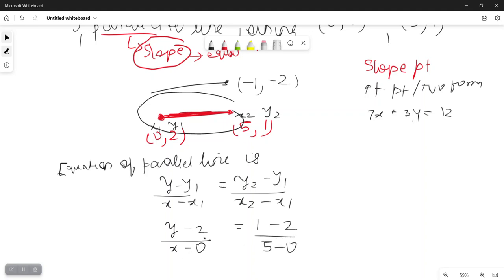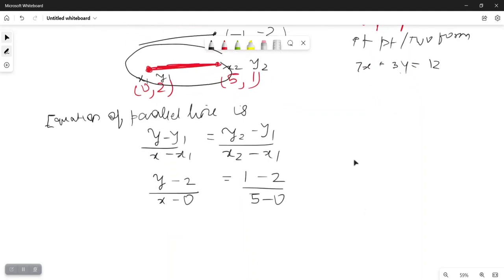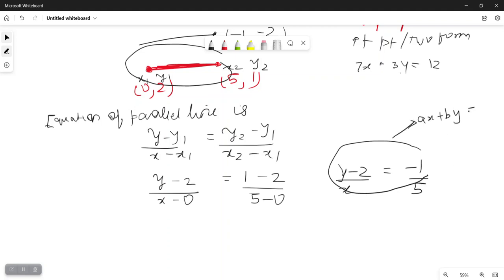So you're left with (y minus 2) upon x is equal to minus 1 upon 5. Now, in order to get the slope, we need to first convert this line into something like ax plus by equals c. To do this, as expected, we do a technique called cross multiplication.